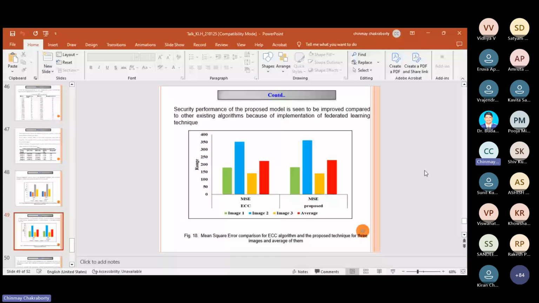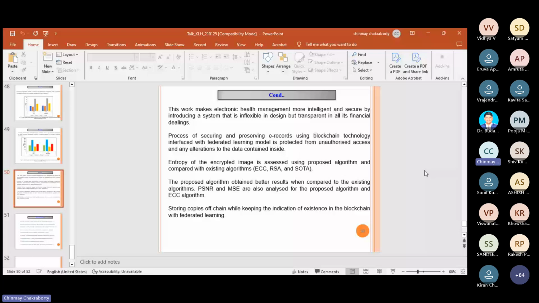So this work makes electronic health management more intelligent and secure by introducing a system that is inflexible in design but transparent in all its dealings. Next, the process of securing and preserving the electronic records using blockchain technology with the federated learning model is protected from unauthorized access and any alteration to the data content inside.